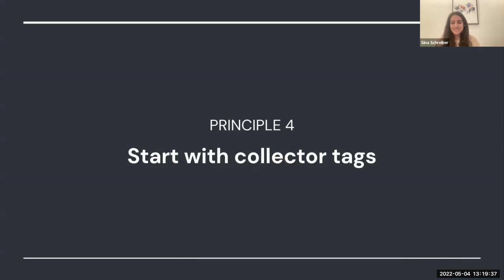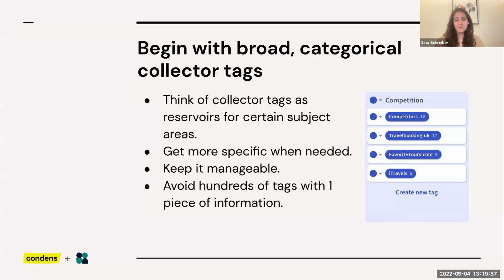Okay, let's move on to principle 4, which is a good practice to be aware of, especially when you're getting started with a taxonomy, and that helps you to keep the taxonomy more manageable. So what do we mean by that?